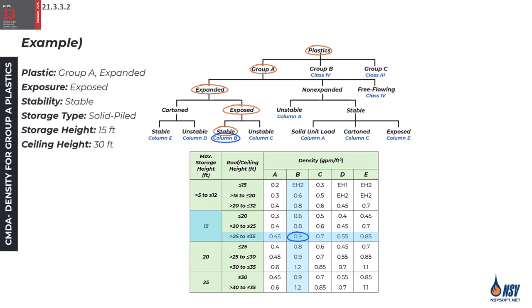It is worth noting that Section 21332 permits the interpolation of density between listed storage heights. This allowance helps to optimize our system demand. If, in our example, the storage height changes to 13 feet, we can determine the exact density required rather than conservatively defaulting to the more demanding 15-foot storage requirements.